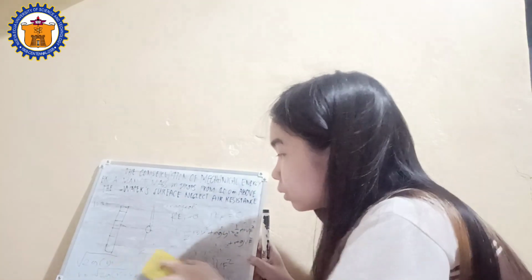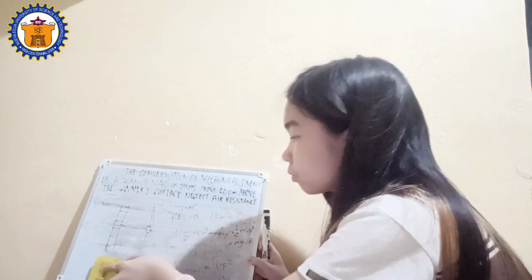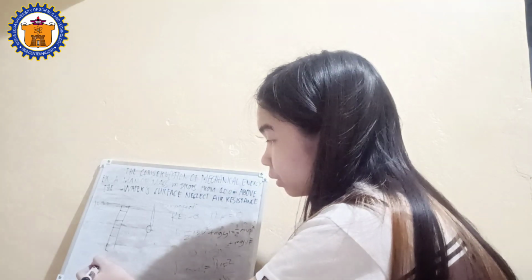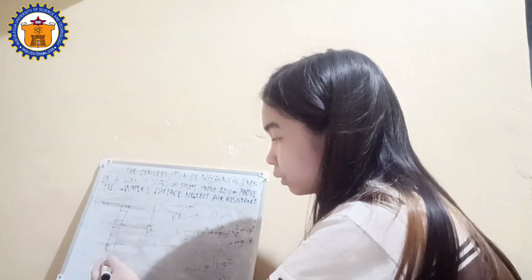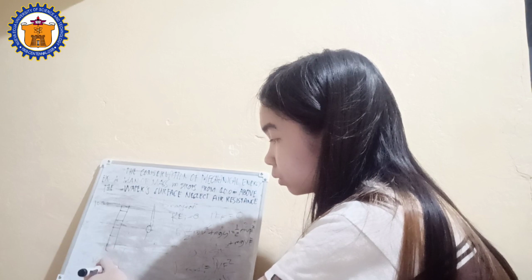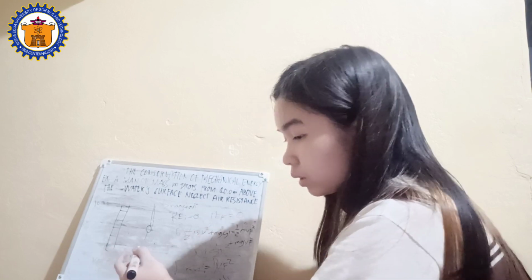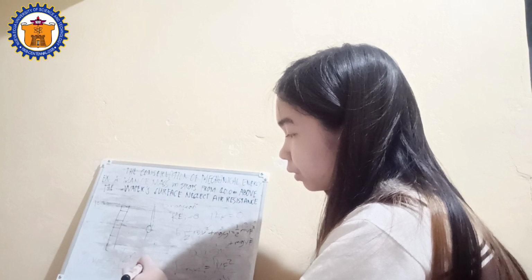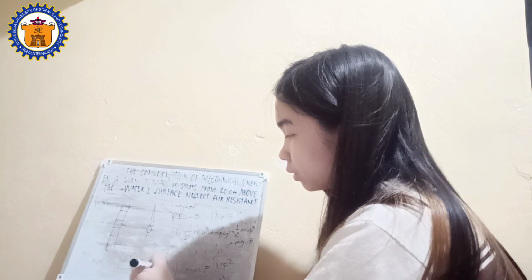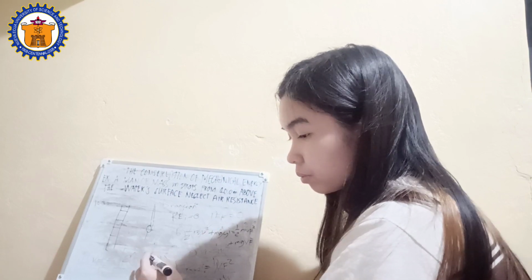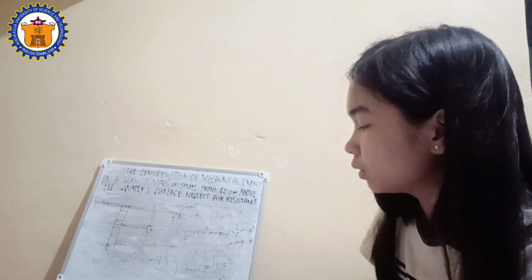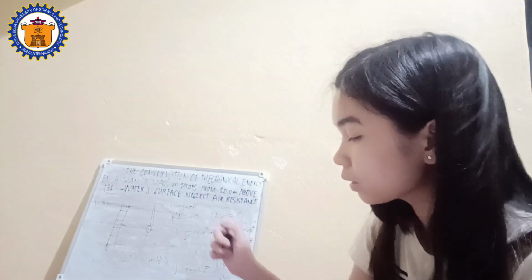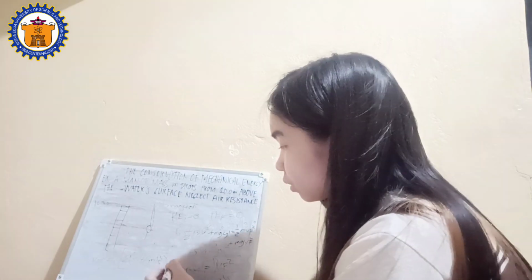So, by substituting, final velocity is equals to the square root of 2 times the gravity na 9.81 meter per second squared times sa initial position na 10 meters.